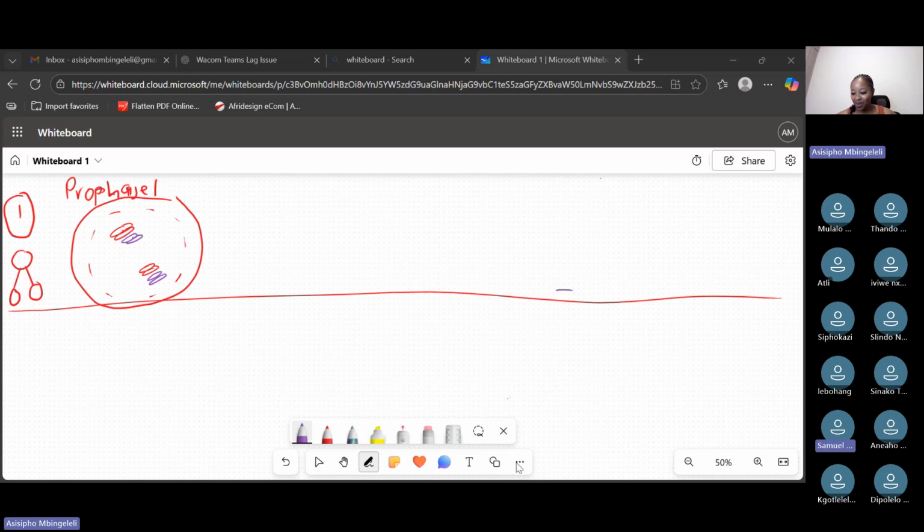Now remember, a pair will be made up of 2 chromosomes. And in this case, the chromosomes have replicated. So this will form one pair and this will form another pair. So there's 2 pairs of chromosomes. Now I'm going to ask again, how many chromosomes do we see in that cell?